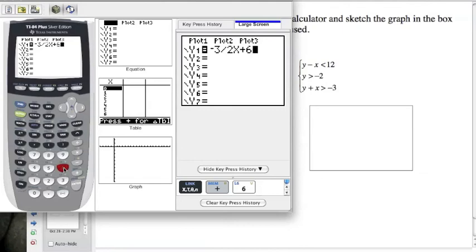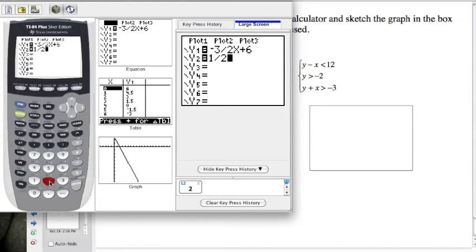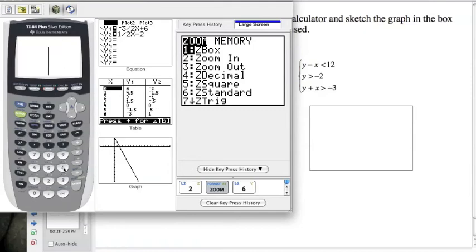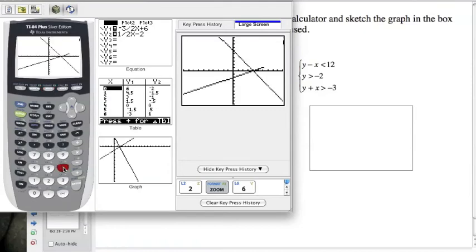And then I'm going to go down to y2, and I'm going to put in my other one. The other one is 1/2 x minus 2. And then I'm going to make sure that I graph these in a standard window. So there's one line, there's the other.